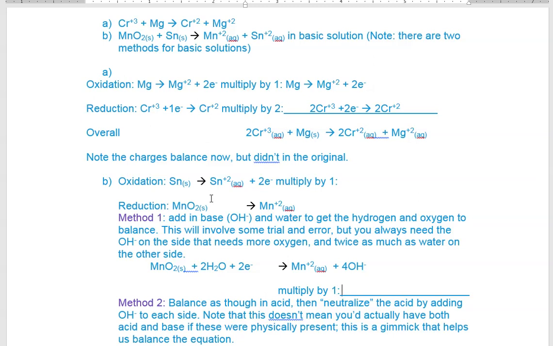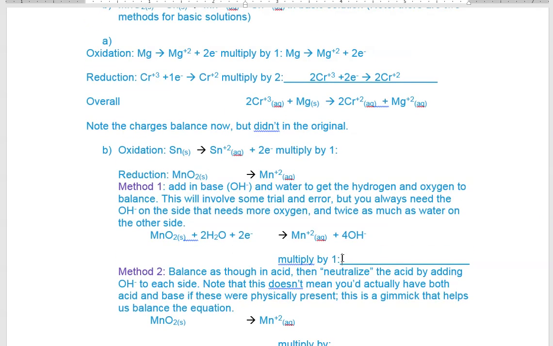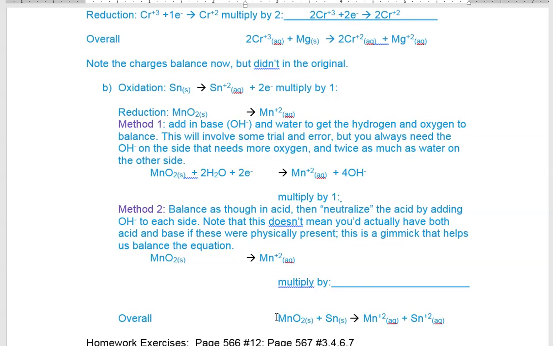So then our overall equation, we take our reactants, oh, I think I put my overall equation at the bottom. After method 2. Right, so we take our reactants, we take our products, we cancel out the electrons. The thing I'm missing in my answer here is those extra waters and hydroxide.